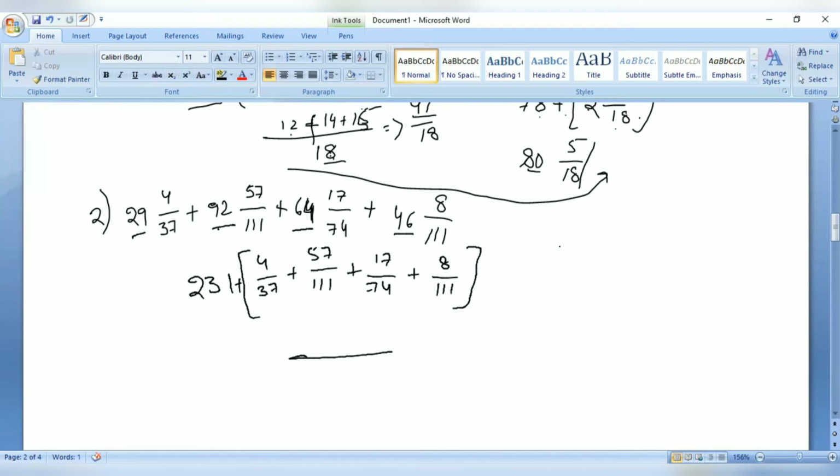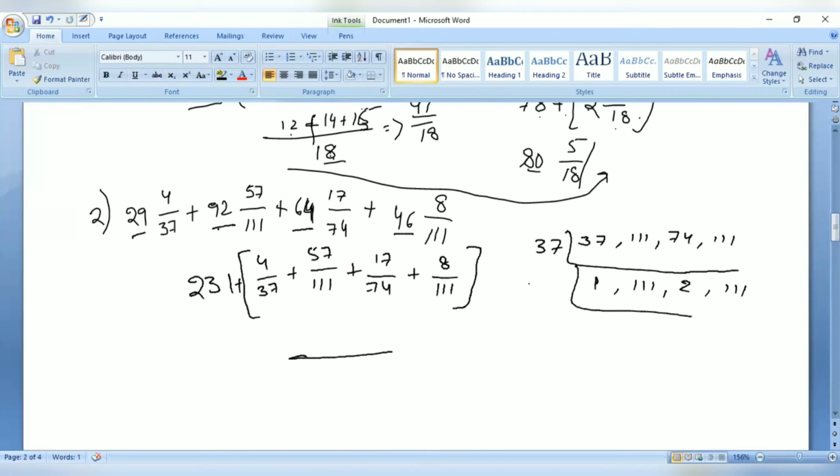If you take 37, 111, 74, 111, how do we calculate, sir? Multiples of 37, and 111, 74. This is how we calculate: 111 into 2 into 37.